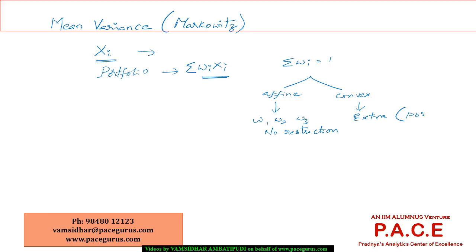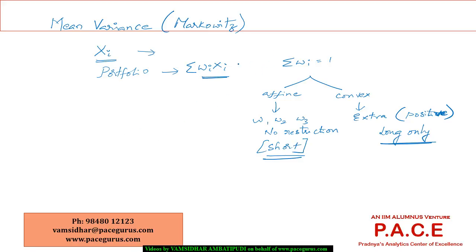So all the weights W1, W2, W3 need to be positive. In the affine case, they can very well be negative also, which means we are talking about shorting those particular assets. Whereas in the convex case, we are talking of only long-only positions, which means I cannot have negative values for the weights.